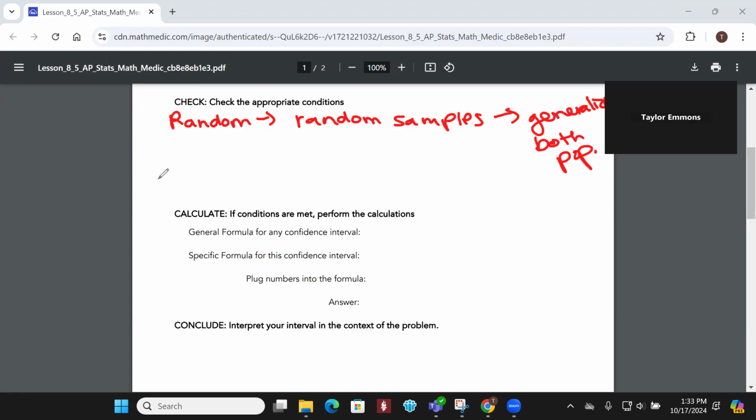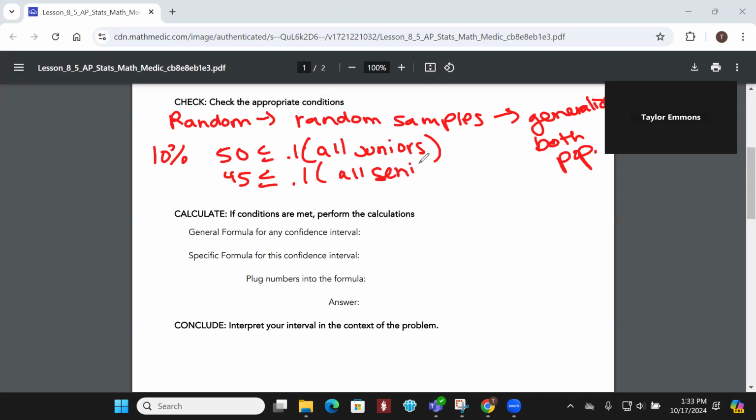The 10% rule: you've got 50, which is less than or equal to 10% of all juniors. Even if we think about our class size, juniors here at school, that's still between 600 to 900, right? And then 45 is less than or equal to 0.1 of all seniors.